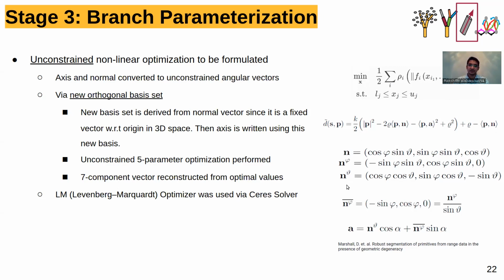And optimization on this new basis set was performed, and then reconverted to obtain the normal, axis and curvature again. This new basis vector set will be visible in the results, and it was helpful in visualizing and making sure that the optimizer was going in the correct direction.